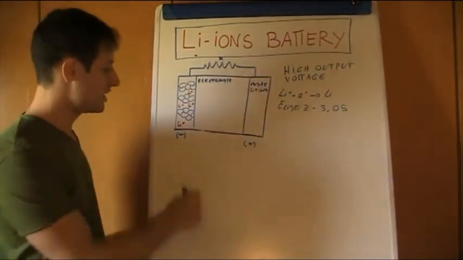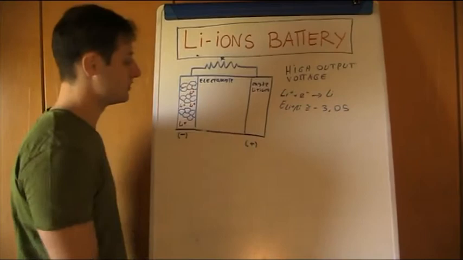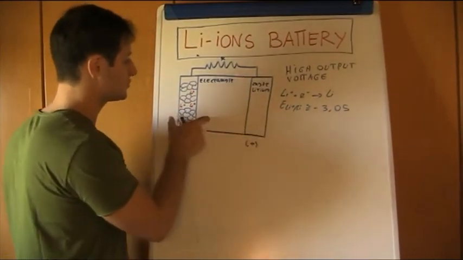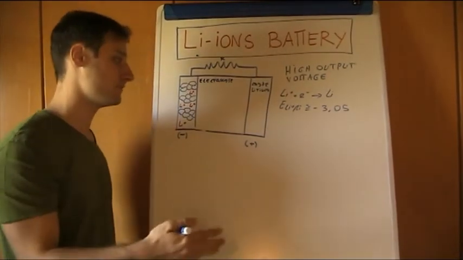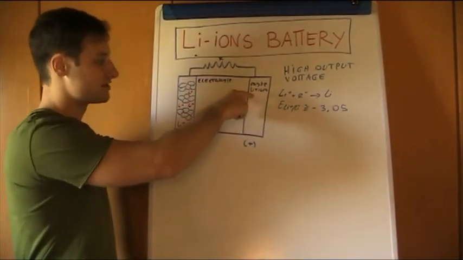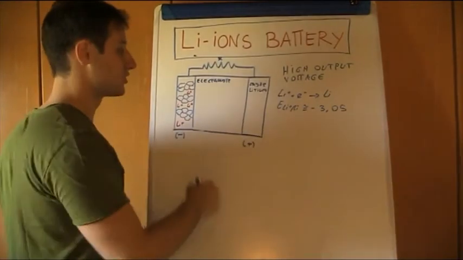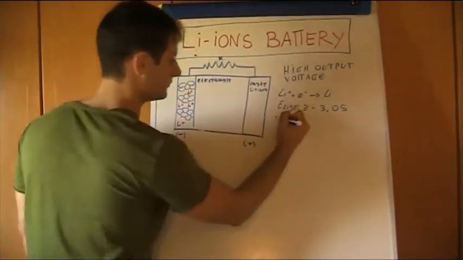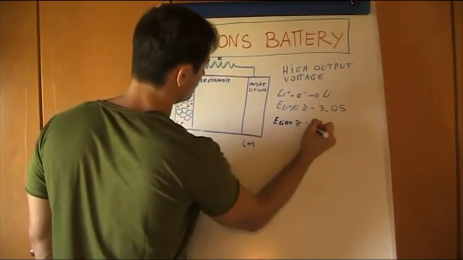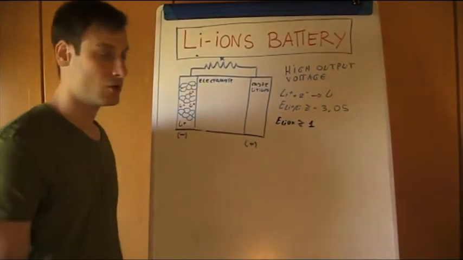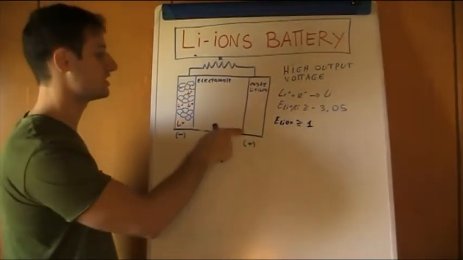But you can appreciate how low this reduction potential is. And we know that the difference between this potential and the other one defines the final potential difference. And since the lithium oxide electrode is associated with a certain potential that is quite close to 1, we can appreciate how huge the potential difference is.